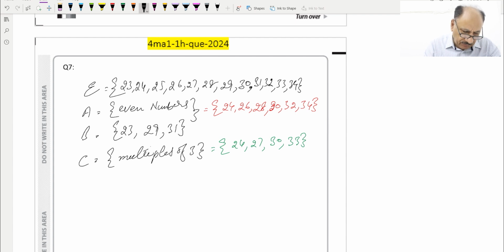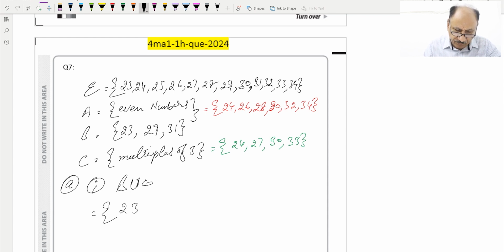Now what we can do next is list the members of the set. In part A, they are saying we need to list the members of B union C. B union C means the members which are in B or in C. So we write the members that are in B or in C: 23, 24, 27, 29, 30, 31 and 33, without repetition.